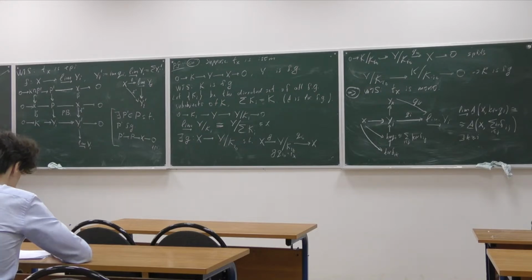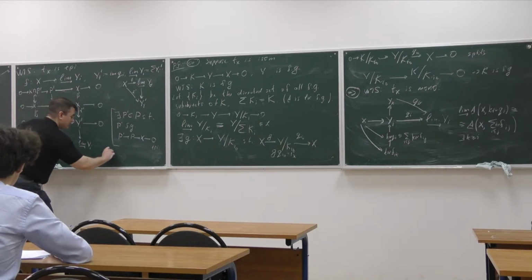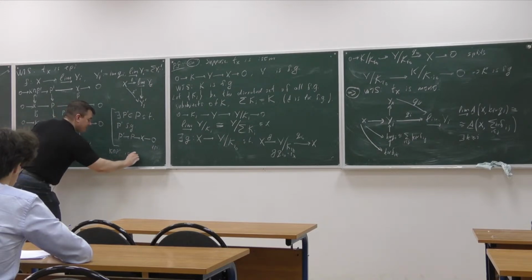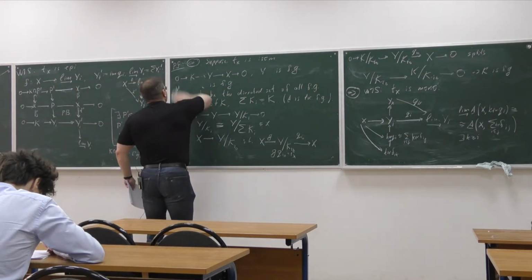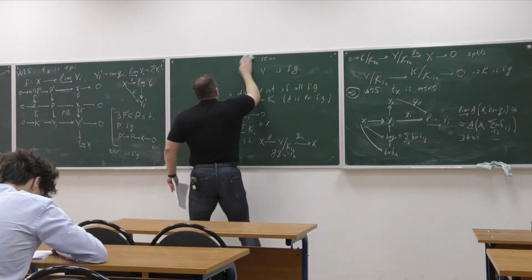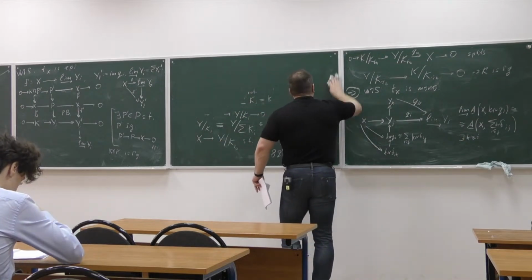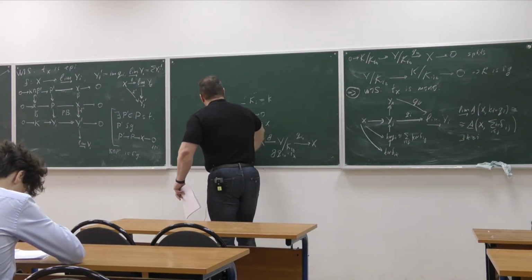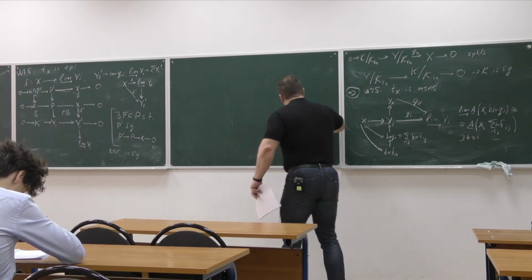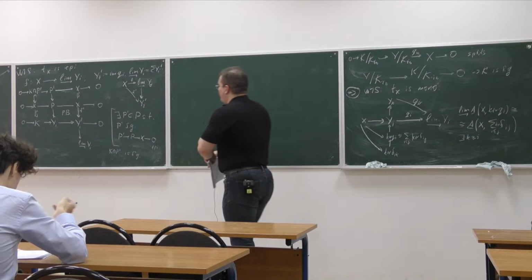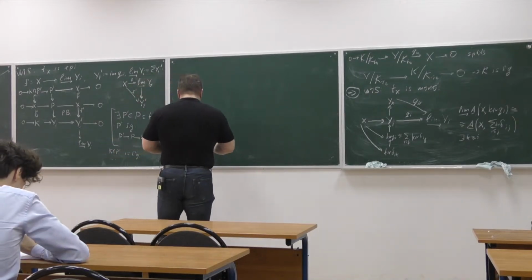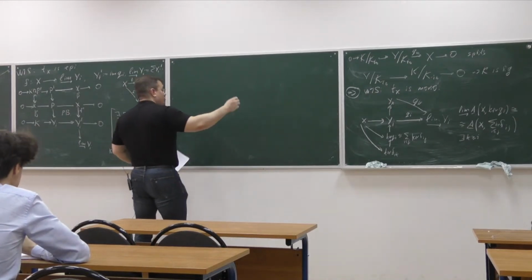Now what we can notice here is that k intersected with p prime is finitely generated.